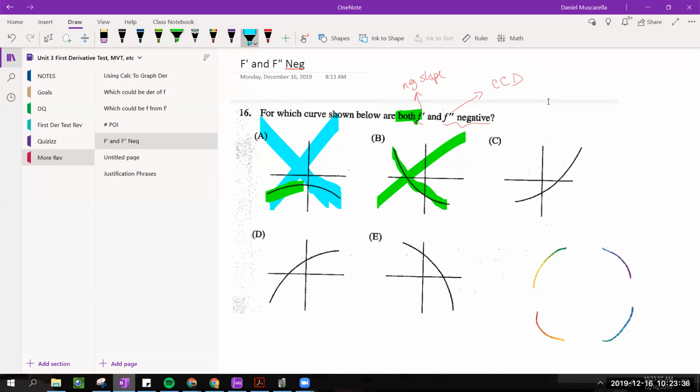On C, that whole time my slope's positive, so that one's gone right off the bat. Same thing with D: everywhere my slopes are positive, but they're getting less and less steep. So even though my first derivative would be positive, it would be increasing at a decreasing rate.